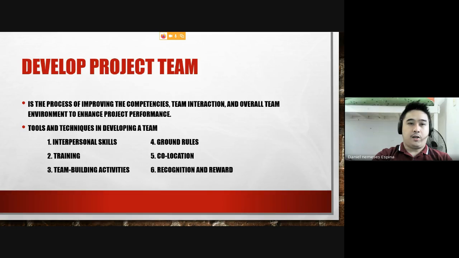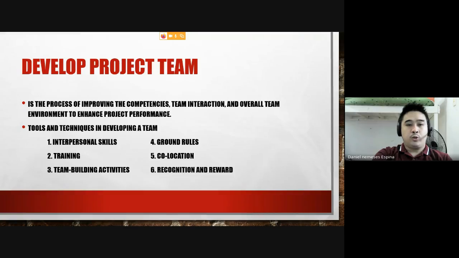Second is developing the project team. So it is the process of improving the competencies, the team interaction, and overall team environment. Okay, so aside sa nanay required nga competencies, if the team really needs to improve their competencies, okay, so to acquire the new knowledge, the new skill, then there should be strategies on how are you going to acquire them.